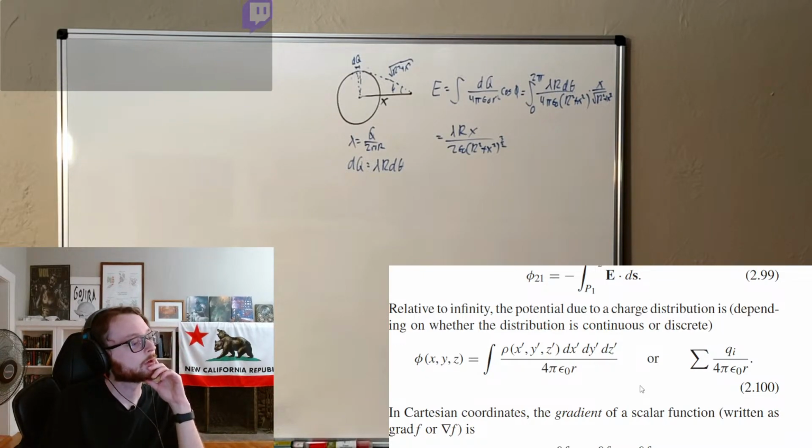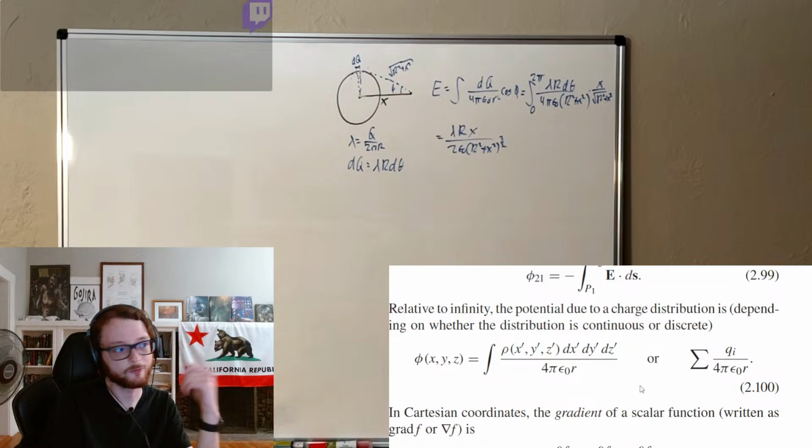How does this work? I guess it'd be cylindrical. It's cylindrical, but R is fixed, Z is fixed, which Z is X here, confusingly.